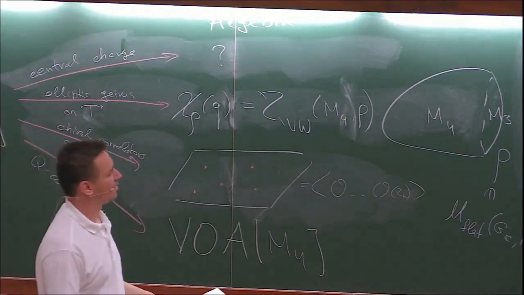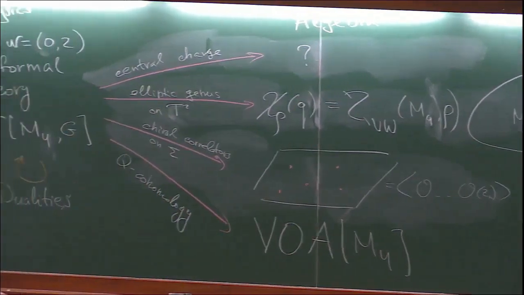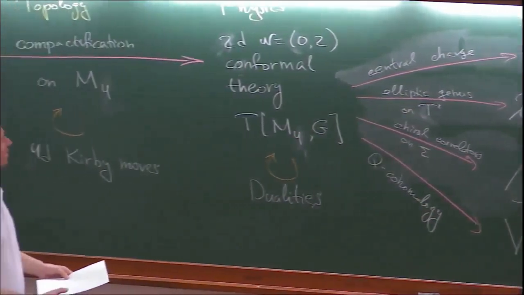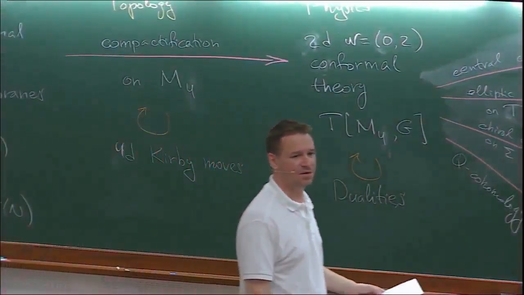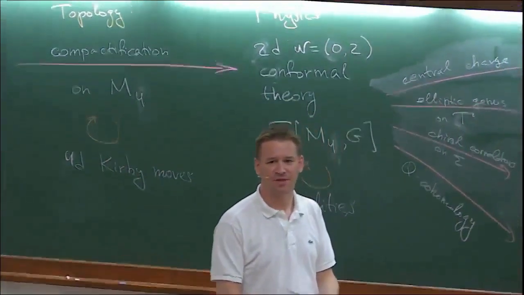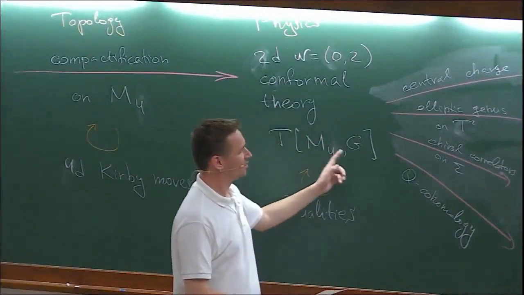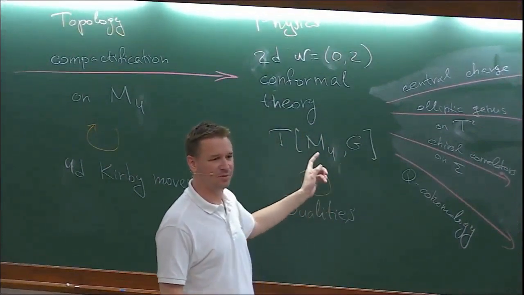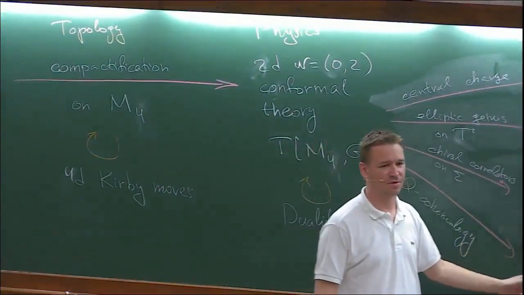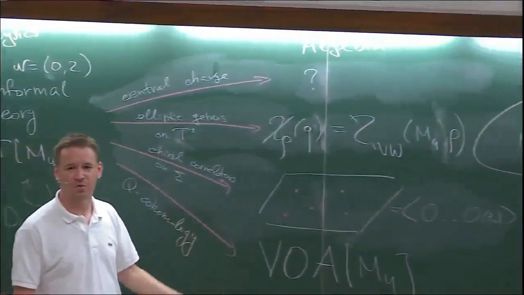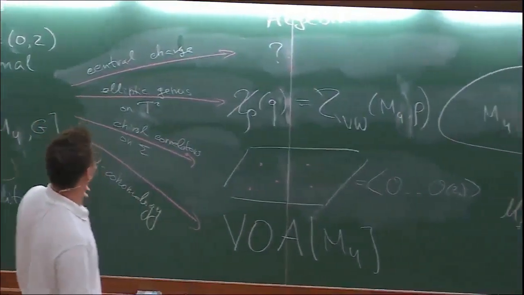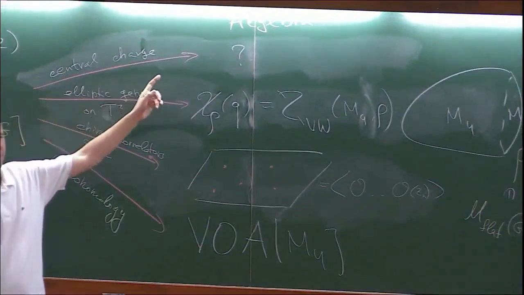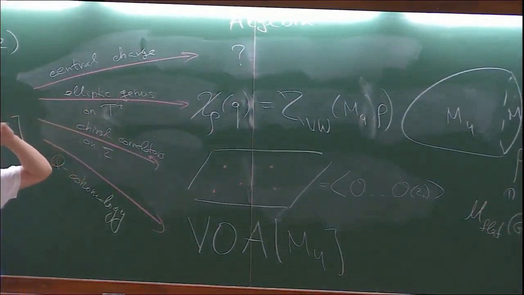So there are several pieces of information that are usually available pretty much on any 4-manifold that can help us if we don't have any other way to get this two-dimensional theory, corresponding vertex algebra. There are at least three useful tools that you can keep in mind. One is central charge, which is extremely helpful. We're going to discuss it in a second.